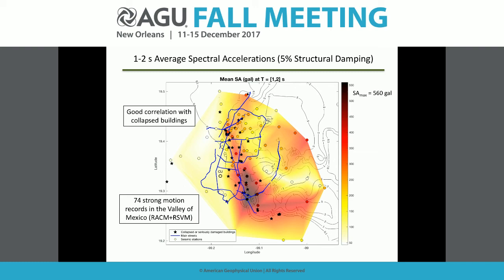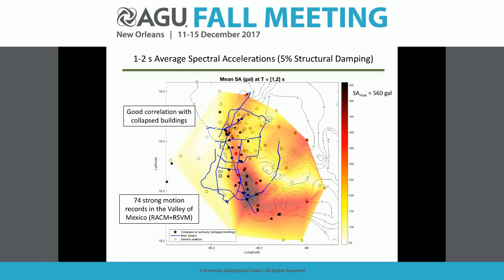So what we tried to do was to better understand why this happened. In this sense, the affected area during this earthquake was not the same, although there was an overlapping with the region affected during the 1985 earthquake, which was mostly the region toward the downtown where the clays are thicker.